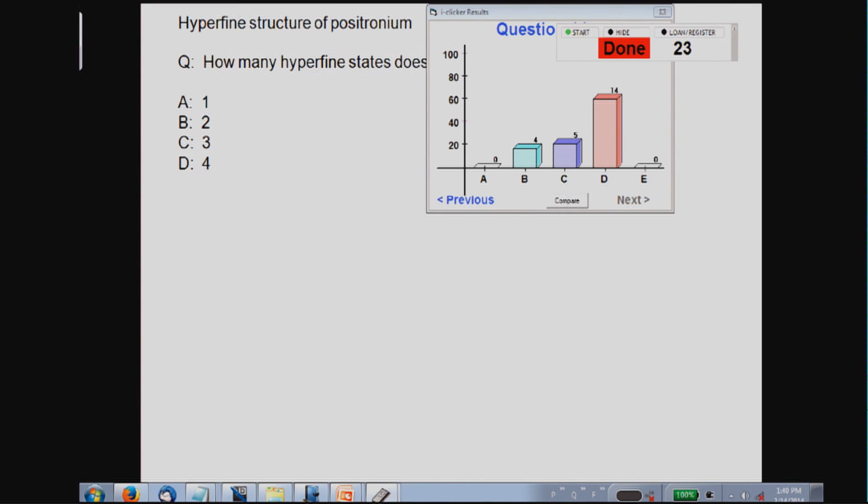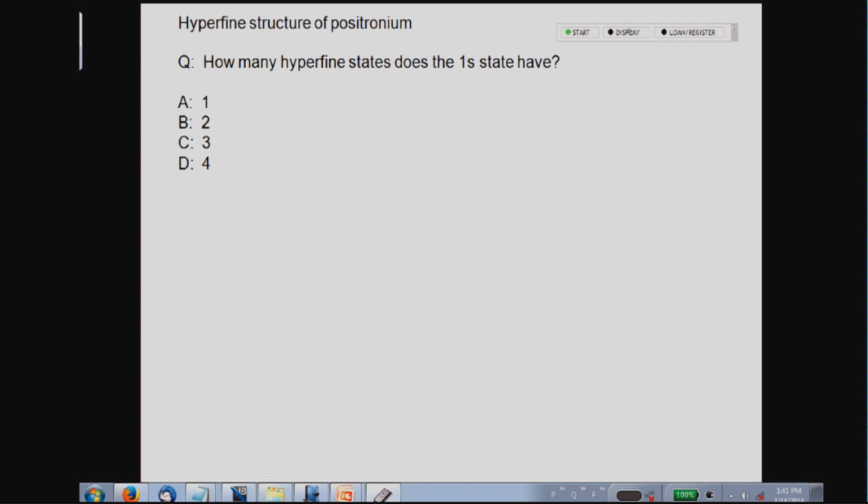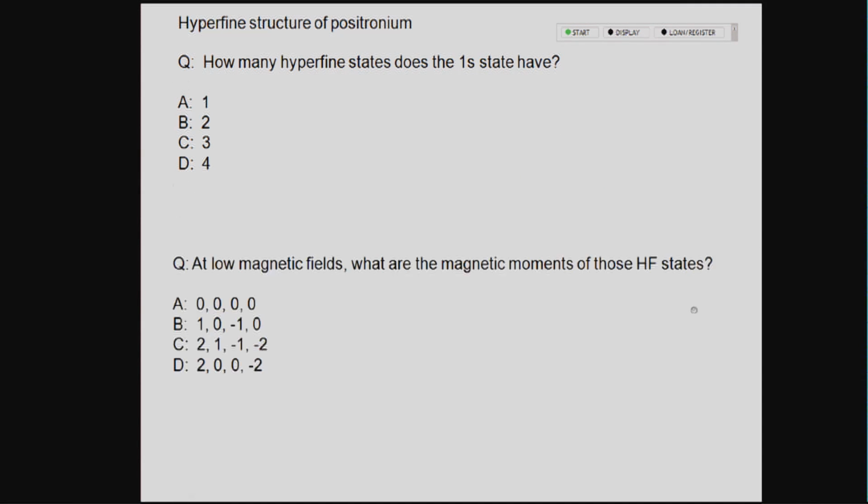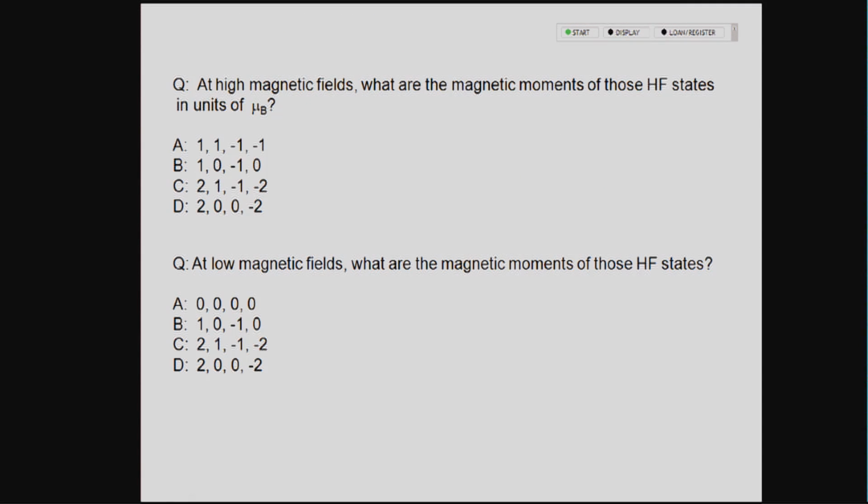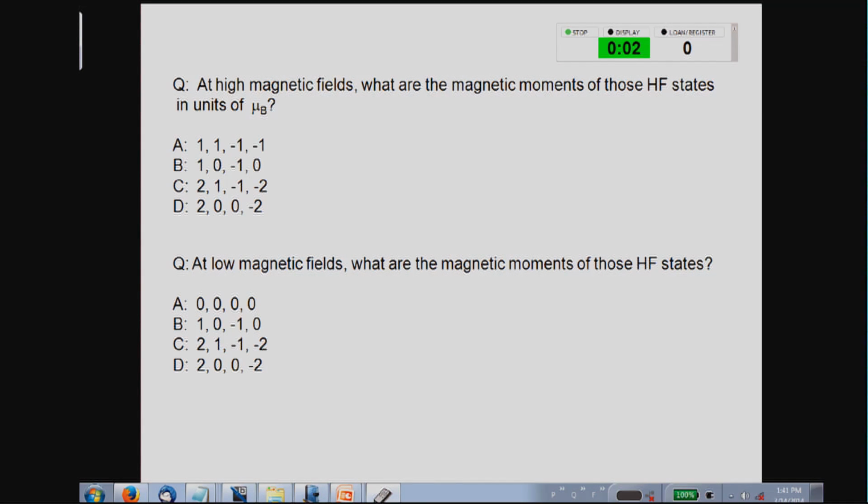Yes, we have 4 states because we have 2 particles, positron and electron, each of them has spin up, spin down. 2 times 2 is 4. And therefore, we have now 4 states, and the question is again, at high and low magnetic fields, what are the magnetic moments of those states?